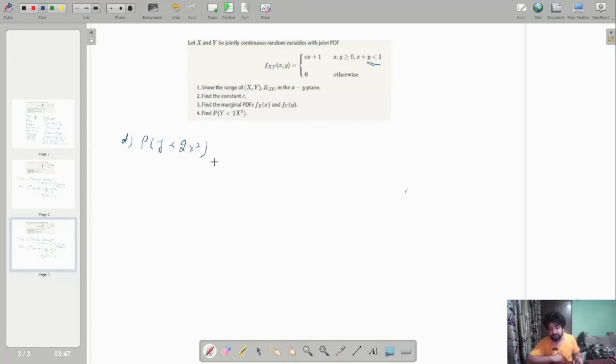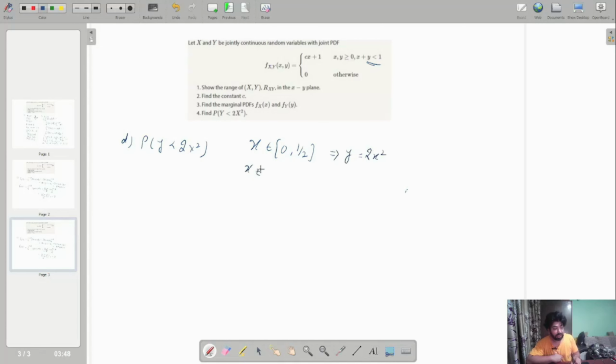So what we will do is we will simplify this. So just in case, assume x belongs to 0 to half, then in this case this line will actually be less than 1 minus x. So the upper limit in this case will be y equal 2x square.